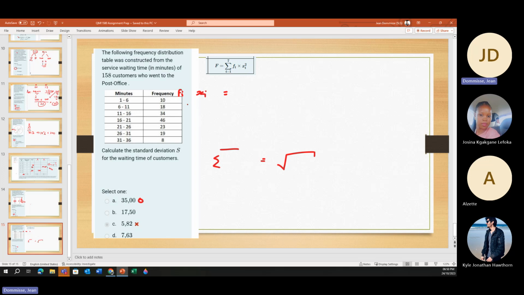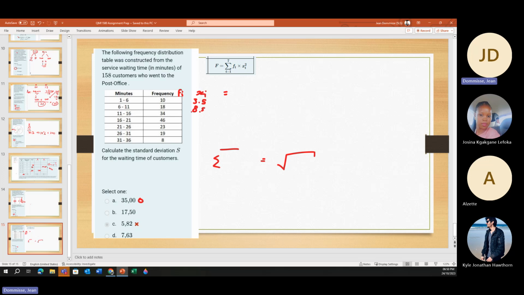But let's quickly check. So 6 plus 1 is 7 divided by 2. 6 plus 11 divided by 2. Okay, and let's see if this is a trend.